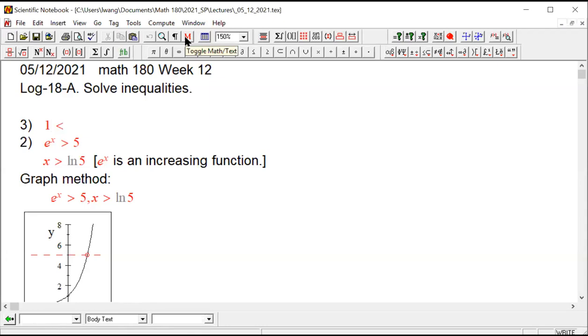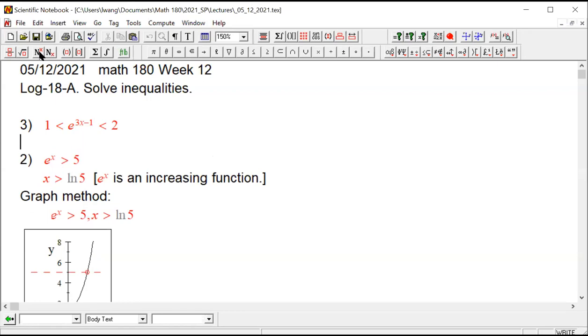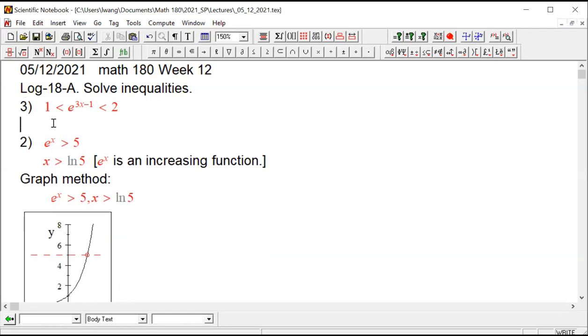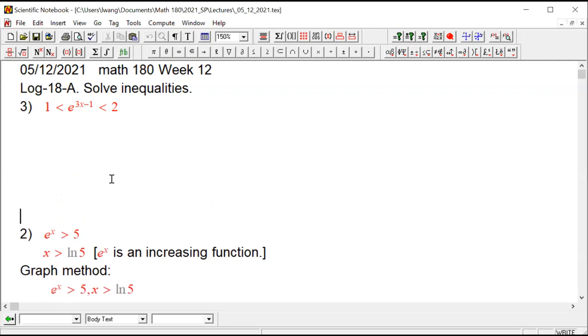1 less than e to the power of 3x minus 1, less than 2. How do we solve that? It gets a little more complicated. You can use the graph method or the algebraic method. If you use the algebraic method, we're using the increasing function.